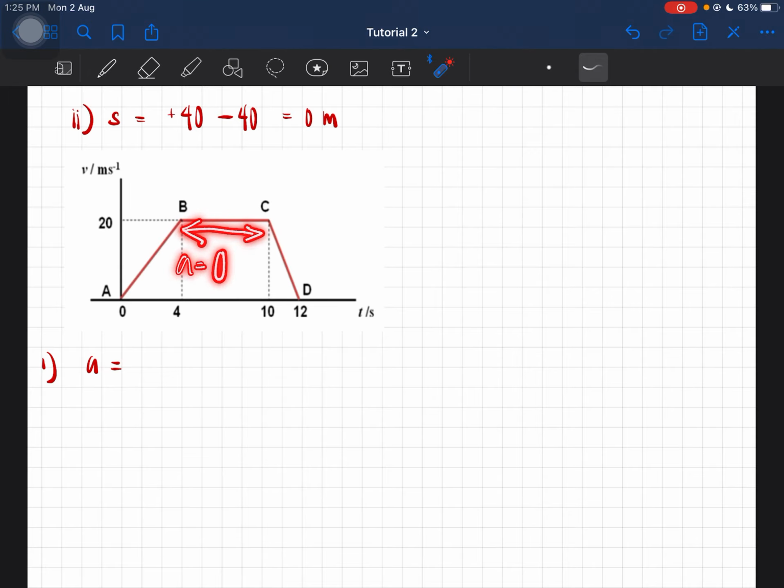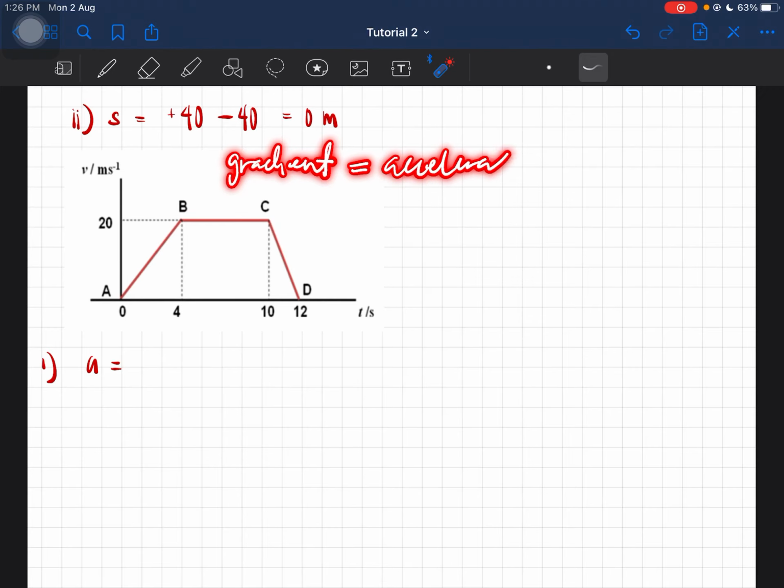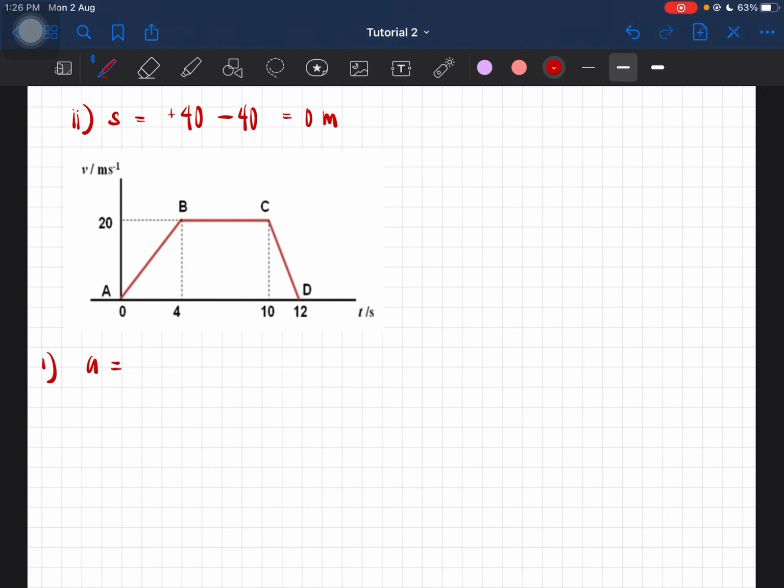Acceleration equal to 0 because the gradient of the V against T graph is the acceleration. Okay, and then there's only acceleration from point A to B, which is delta V over delta T, which is 5 meter per second square is your acceleration.